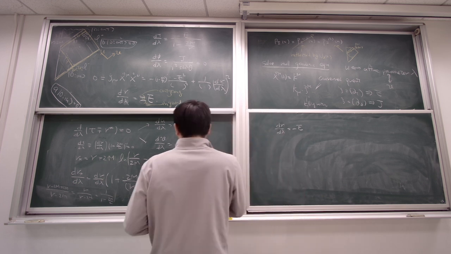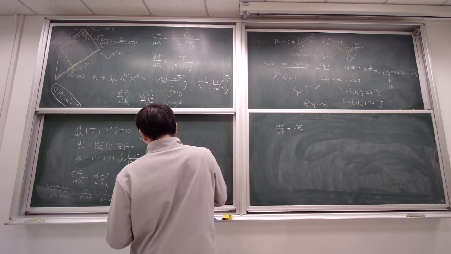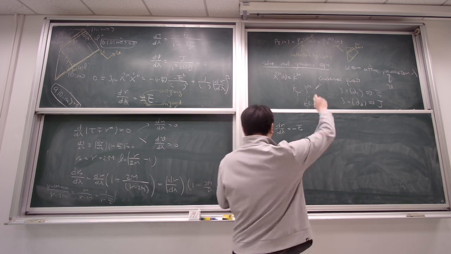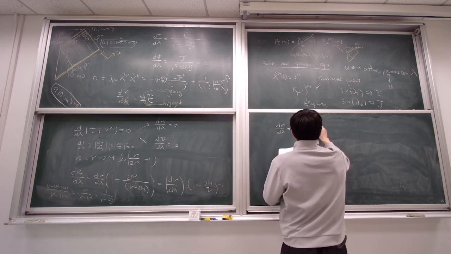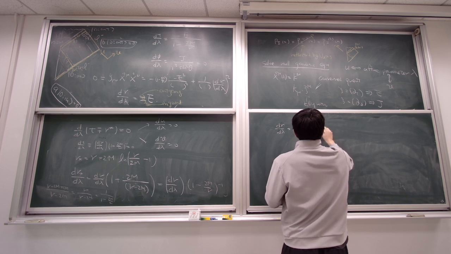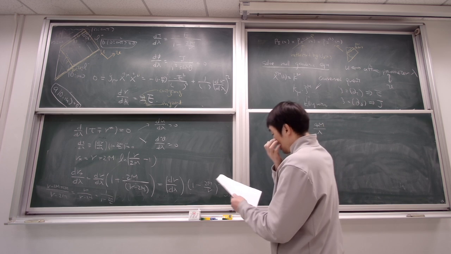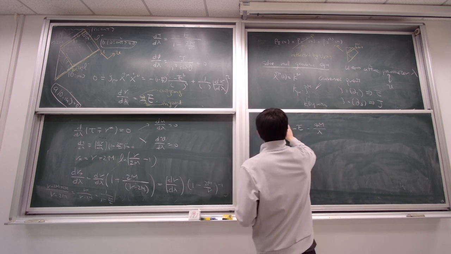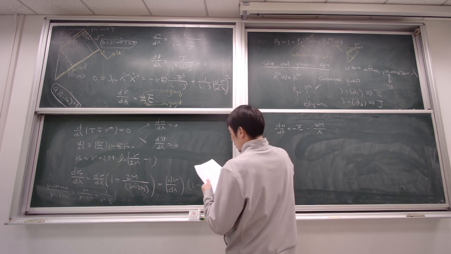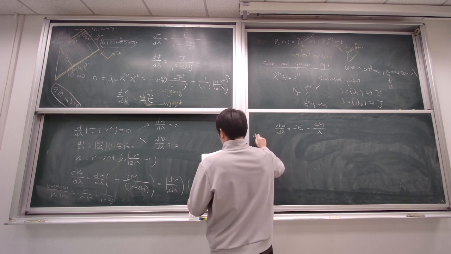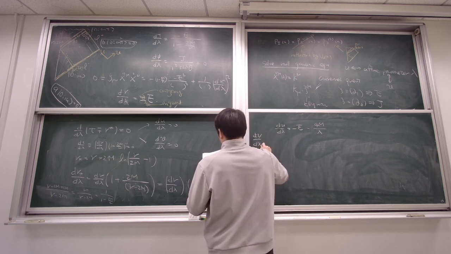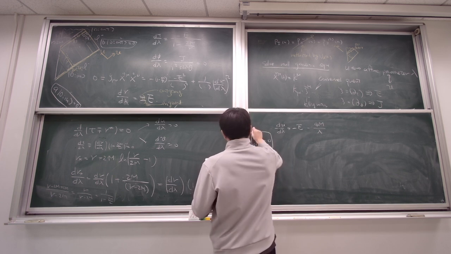Okay. So I want to show this one is equal to it. How do you show this one? No, sorry. This is u. So here I just want to show dv over d lambda is equal to 0. So I want to use this one.